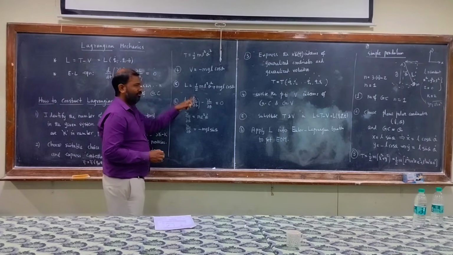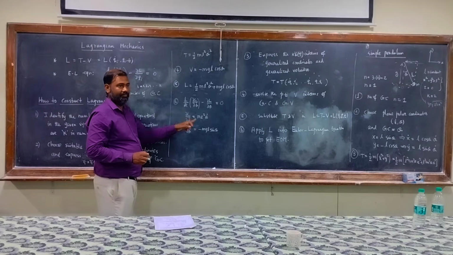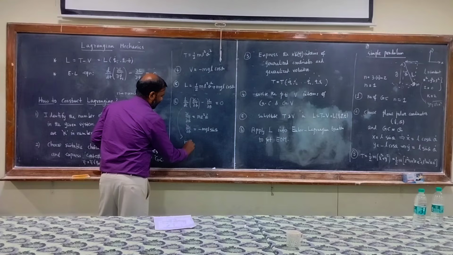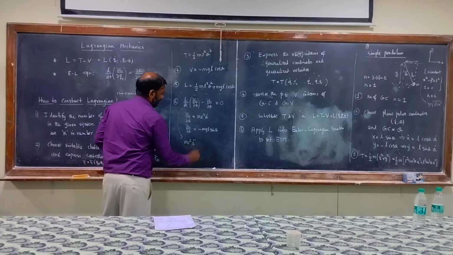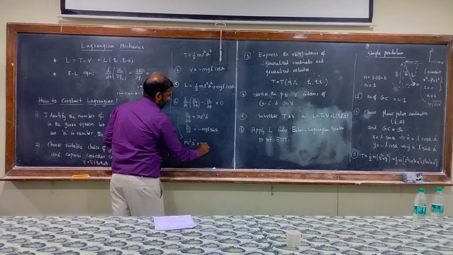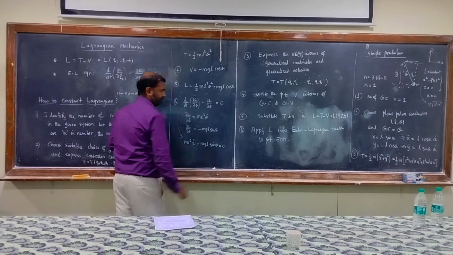Now d by dt of dou L by dou theta dot, which means I have to differentiate this with respect to time. So m L square theta double dot, and now minus plus becomes plus mgL sin theta.